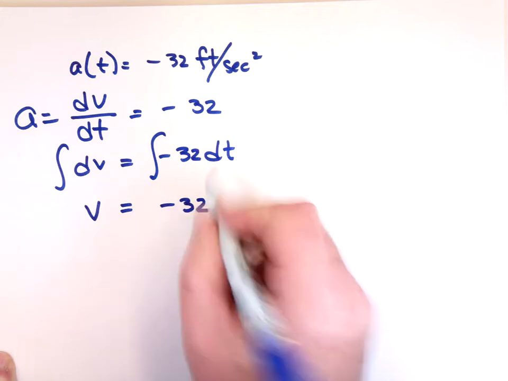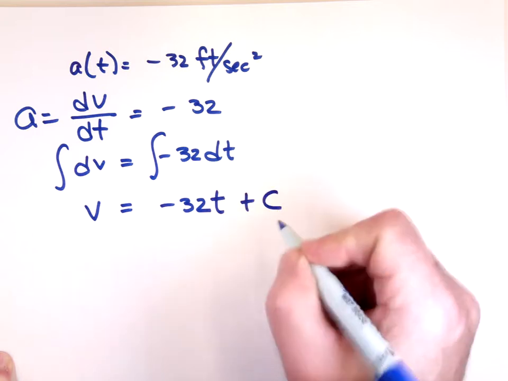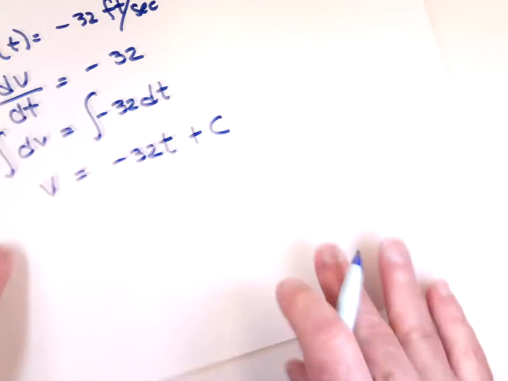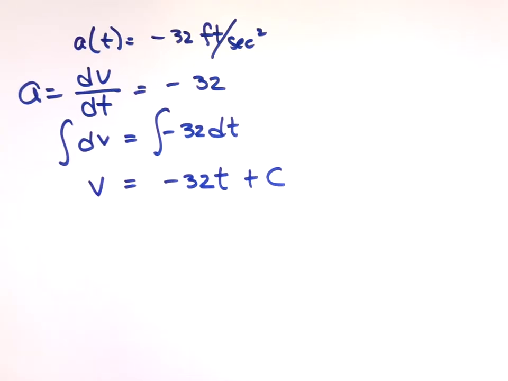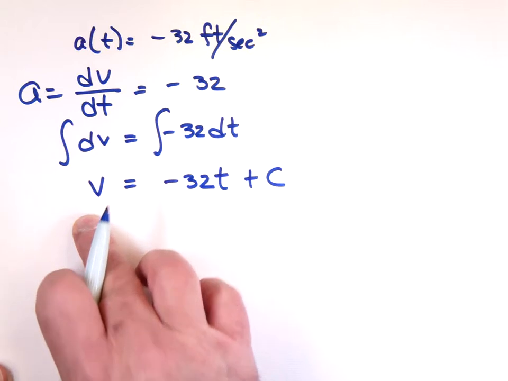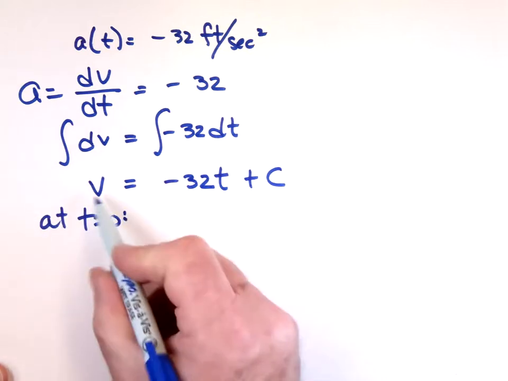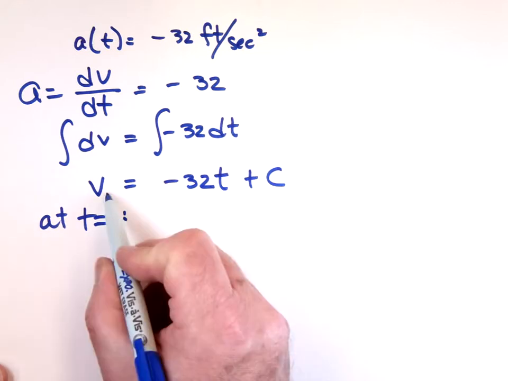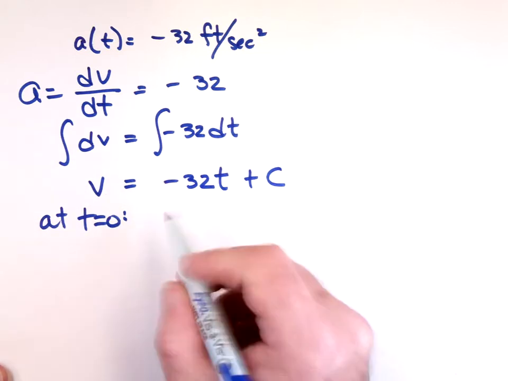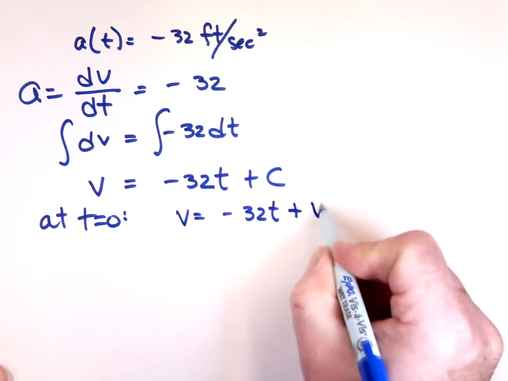We get the integral of dt, which is t, plus some constant. Now, what we did last time, we solved for the constant. We said at t equals 0, our initial velocity is v sub naught. So this is 0, this is v sub naught. That gives us c. So we have v equals negative 32t plus v sub naught.